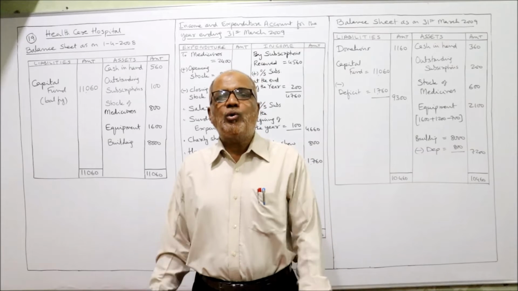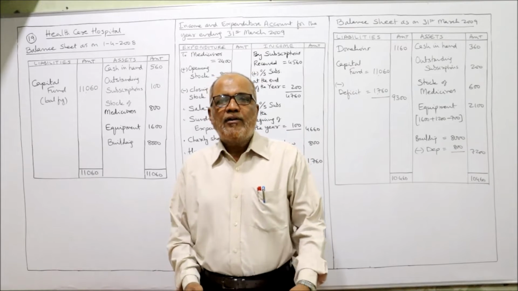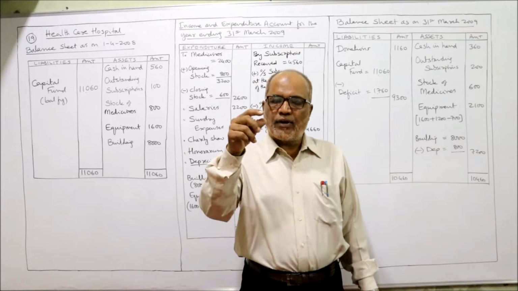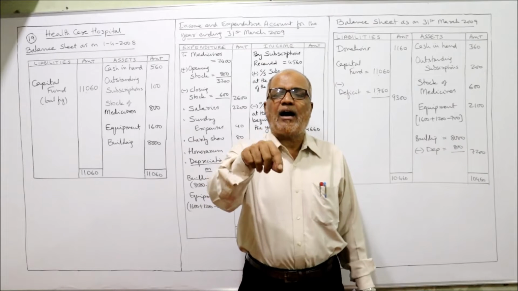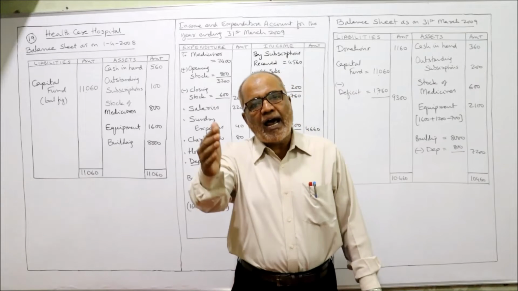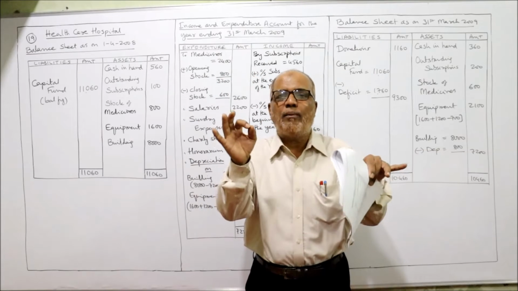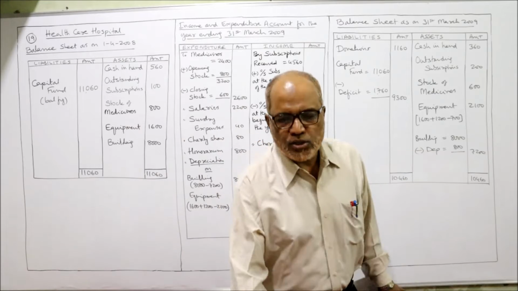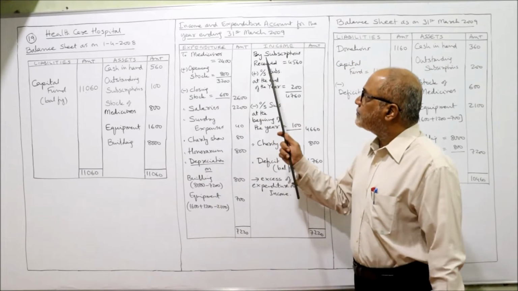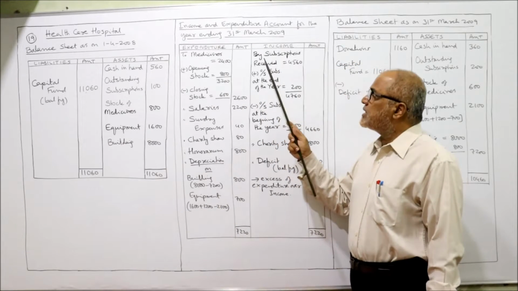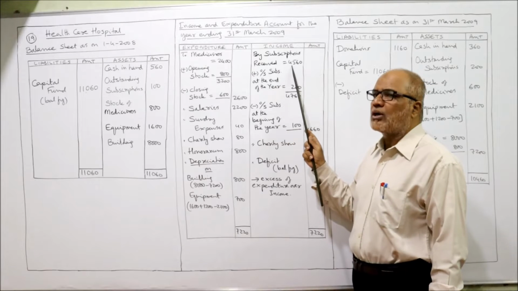You already know how to treat the outstanding. To subscription received, add outstanding at the end of the year and deduct outstanding at the beginning of the year. In every problem we are doing the same way. So you can see here on the screen, income side, subscription received 4,560.